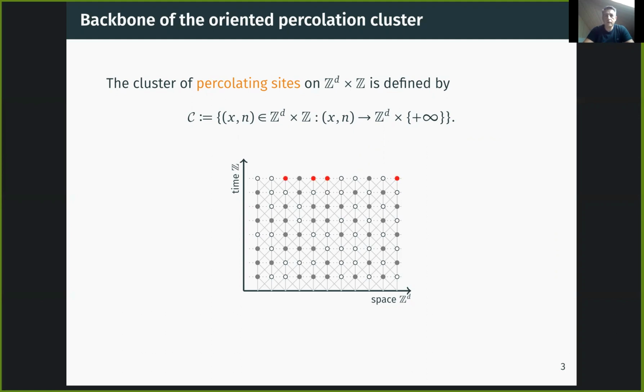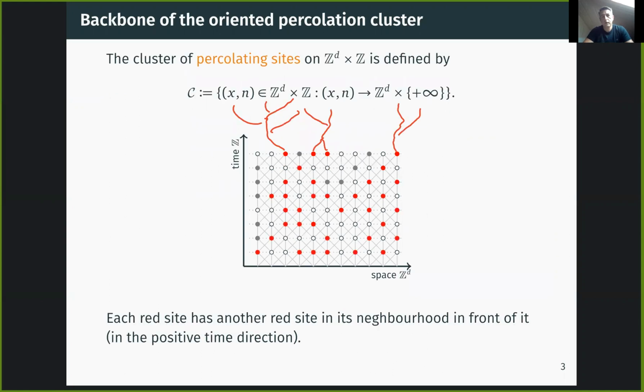Assume that we know for some reason that these red points are connected to infinity. Then we can, from time slice to time slice, color the other sites as red or not. I hope this is clear how it is going.